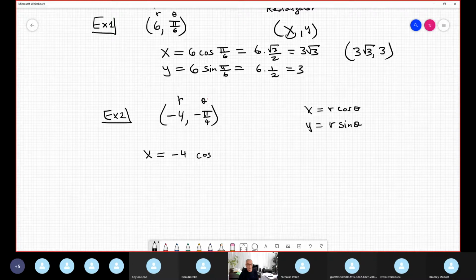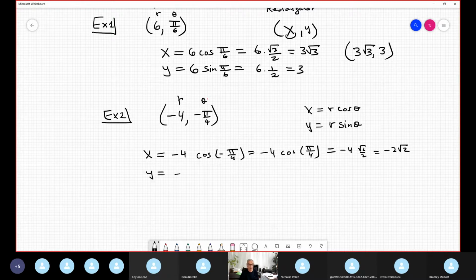Cosine of negative pi over 4. Cosine is an even function, so now it's negative 4 cosine pi over 4, using the even-odd property. This negative disappears. And cosine pi over 4 is radical 2 over 2, so negative 4 radical 2 over 2. Simplify a little bit, it's negative 2 radical 2. I like that. And y, similarly, negative 4 sine of the same angle, pi over 4.